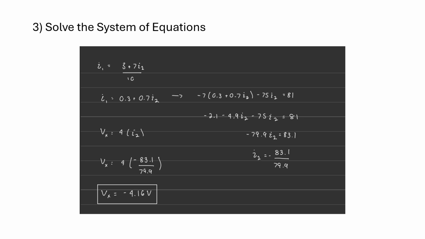Once we simplify this equation, we get I2 equals negative 83.1 over 79.9. Then we plug this I2 value into the Ohm's law equation for finding Vx, which is Vx equals 4 times I2, and we get a value for Vx of negative 4.16.